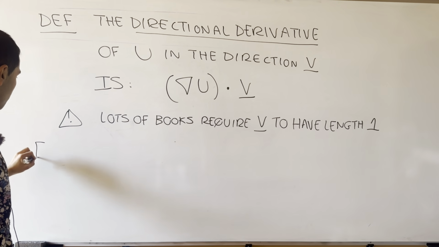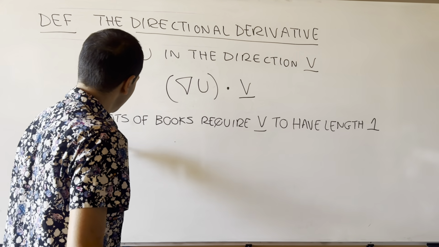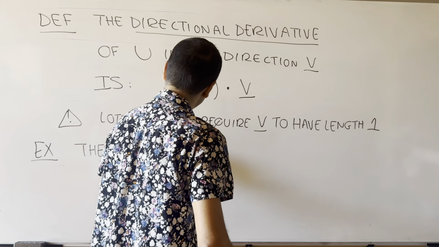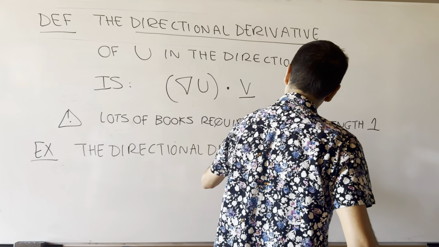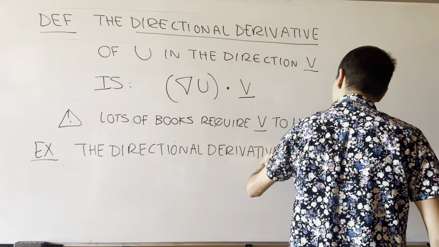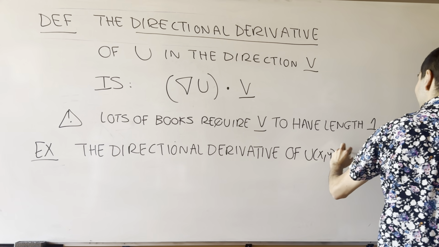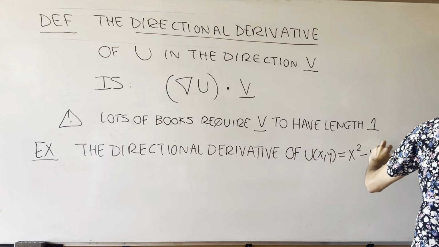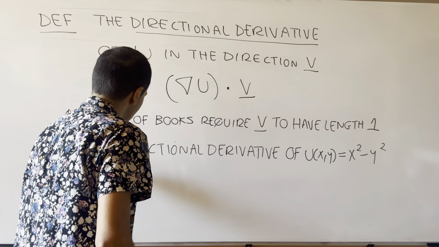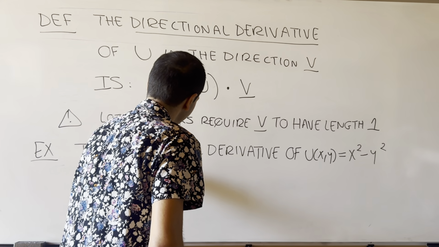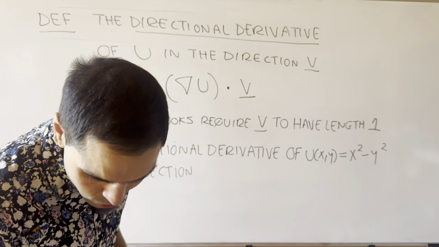So, for example, let's try to calculate the directional derivative of our function u(x, y), which is x squared minus y squared, in the direction (5, 8), I think I chose v to be.